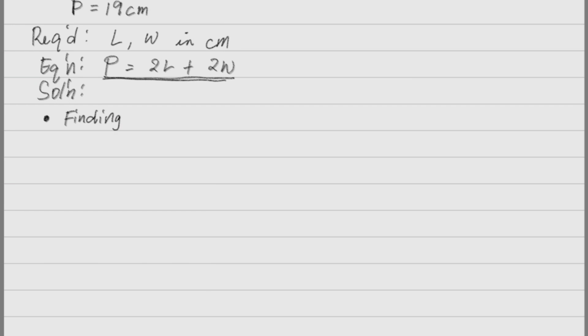What can we find first? Finding the width, right? Because the flow of our solution will go like this. Find W to find the length. Find W using perimeter equation. That is our strategy.